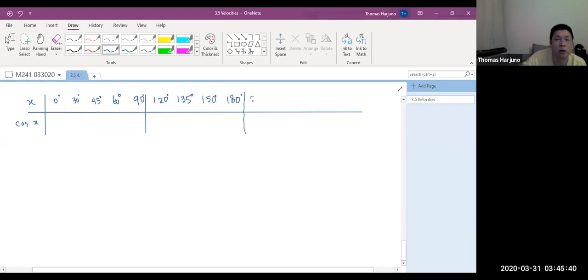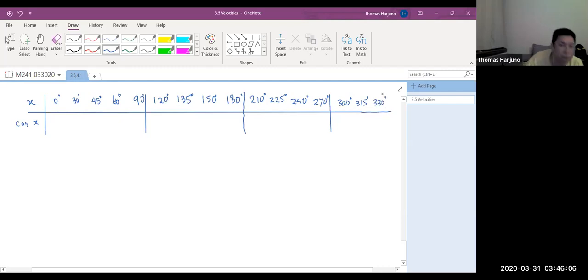Then quadrant 3, 210 degrees, 225 degrees, 240 degrees, 270 degrees. And furthermore, the last quadrant, 300 degrees, 315 degrees, and 330 degrees.